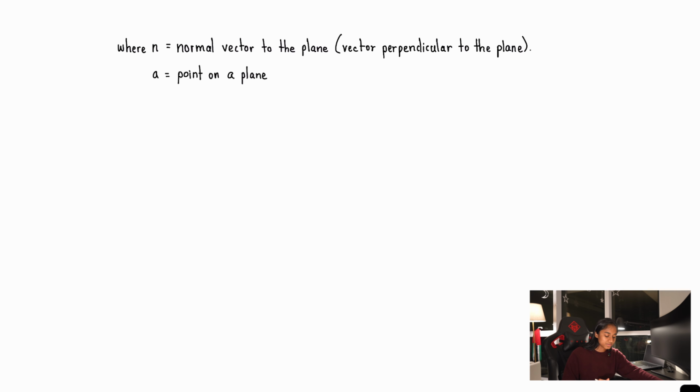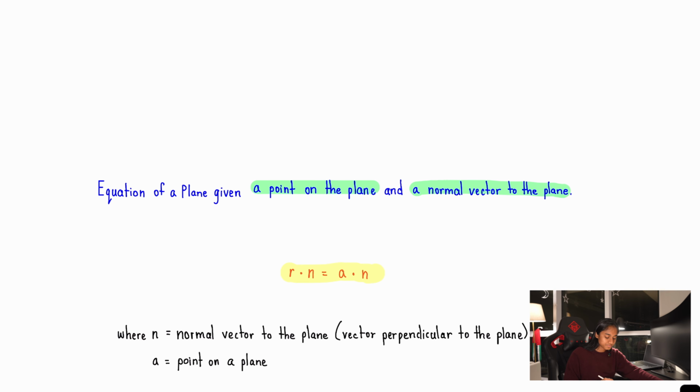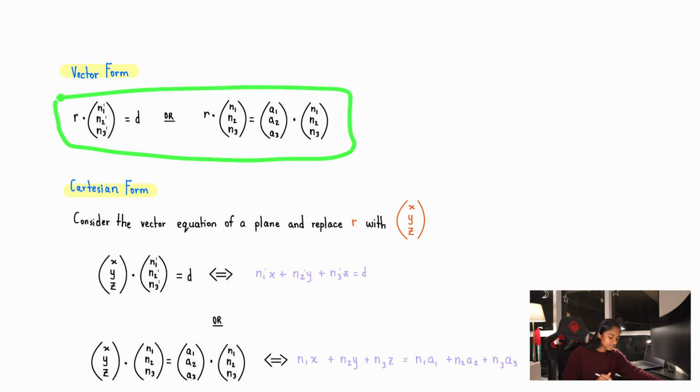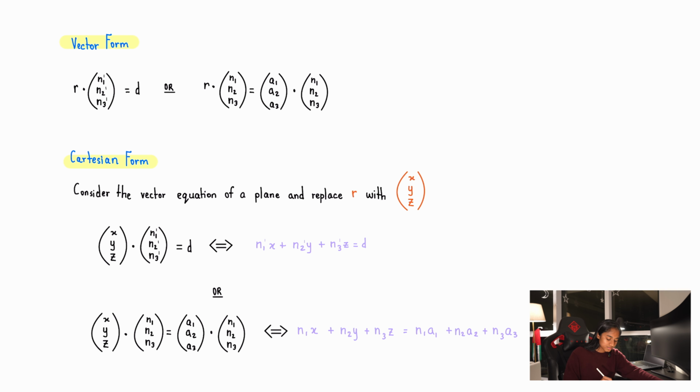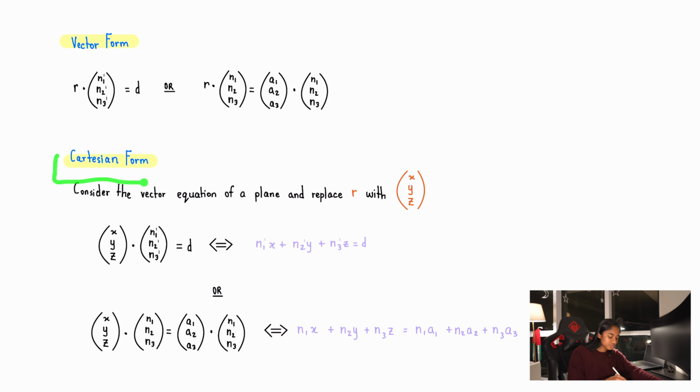Remember, we have two equations, the first one here and the second one. And now we're writing it in vector form. This is how they would look. And in Cartesian form, this is how it would look. All right, so these ways. Remember, when you consider the vector equation, you could derive the Cartesian form. So just take note of them now.